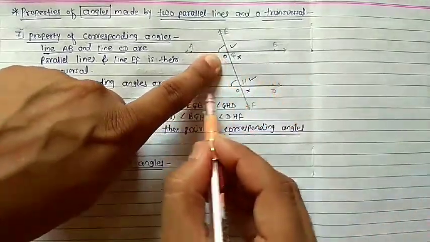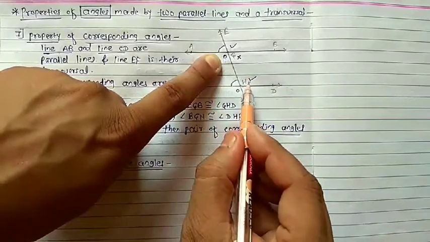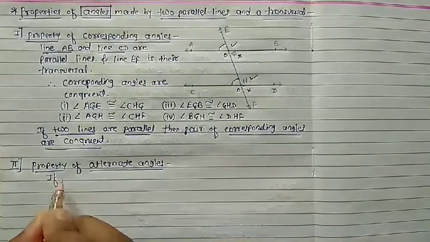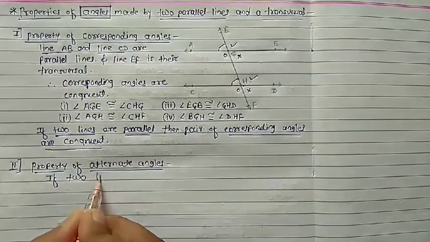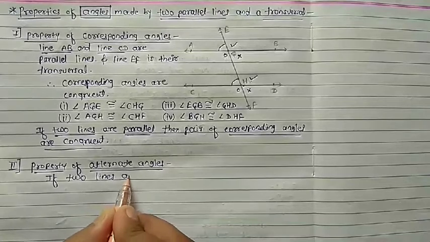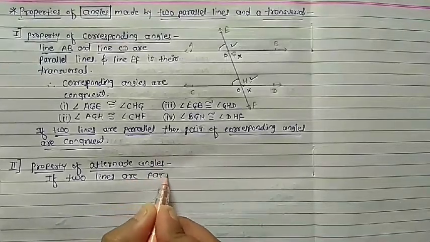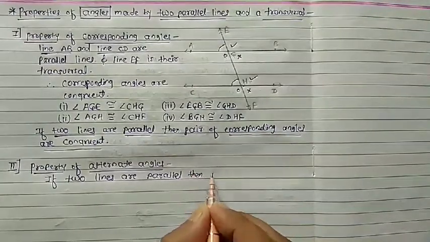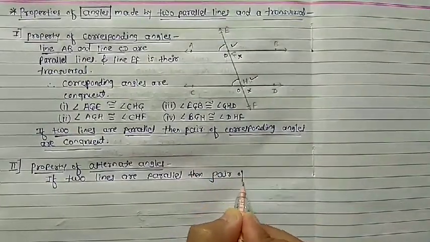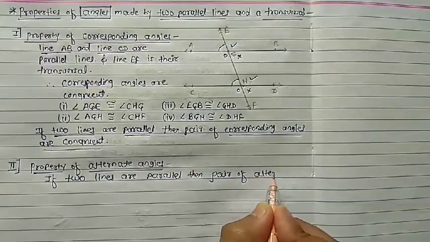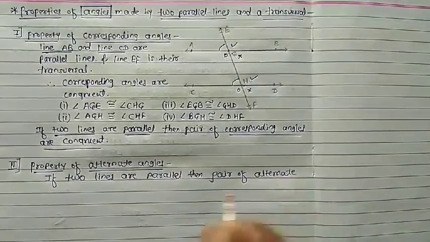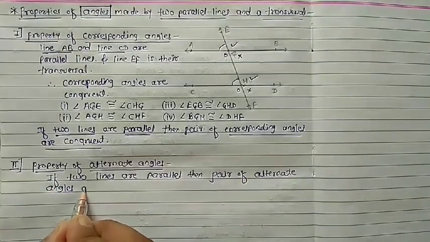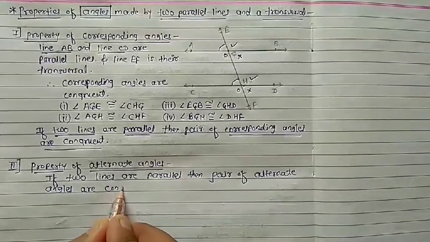And if the two lines are parallel, then the pair of alternate angles is congruent.